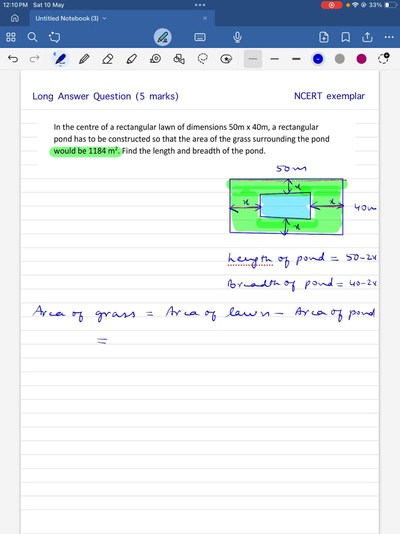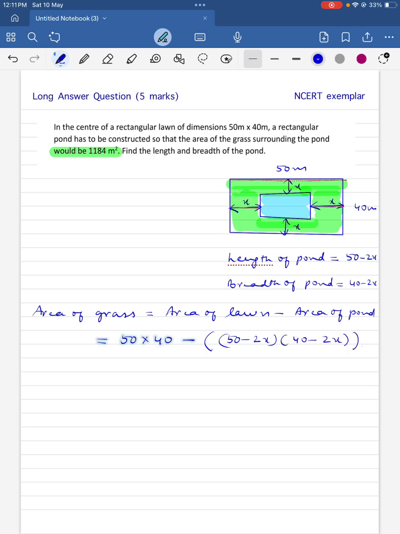They've given you the dimensions as 50 meters by 40 meters, and the area of a rectangle is length times breadth. So that is 50 times 40 minus the area of the pond, which will be again length times breadth. In this case, the length happens to be 50 minus 2x times the breadth 40 minus 2x.